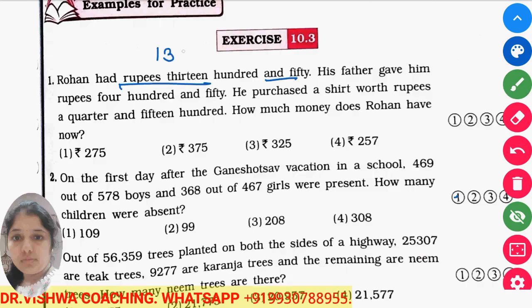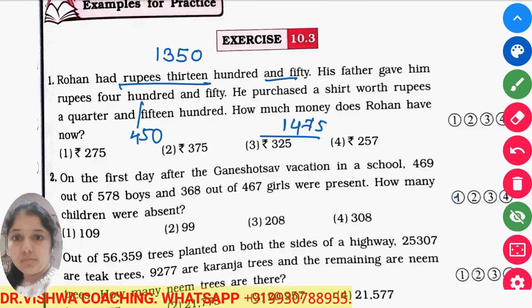You convert it, 1350. His father gave him rupees 450. He purchased a shirt worth rupees quarter to 1500. Okay. Now see, quarter to 1500 means 1475. How much does Rohan have now?